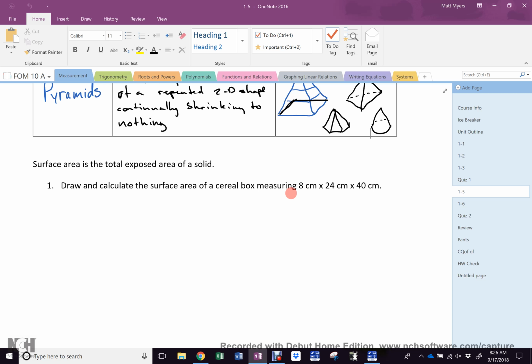if a three-dimensional figure has a surface area, and area only has two dimensions, how can that be? How can something with only two dimensions, because remember, this technically has three dimensions, but this part that you can see only has two dimensions. How can that two dimensions be used in a three-dimensional figure?